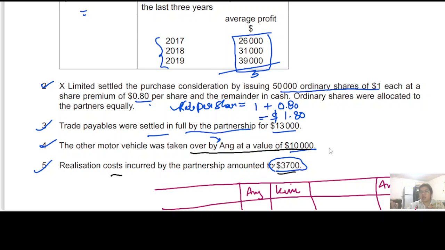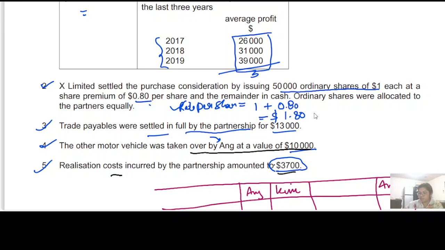Ordinary shares were allotted to the partners equally. So how are you going to calculate that?